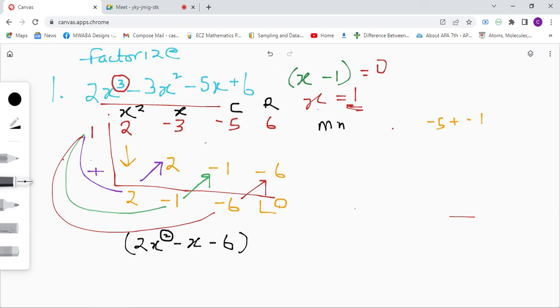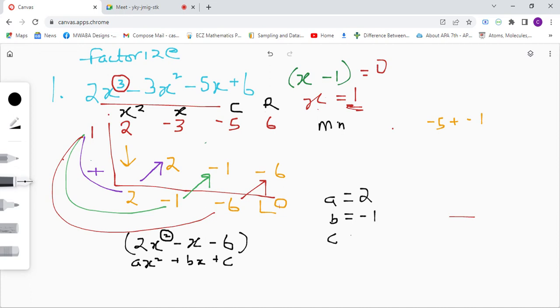Remember, our quadratic is in the form ax squared plus bx plus c. So our a, the coefficient of x squared, is 2. Our b, the coefficient of x, is negative 1.